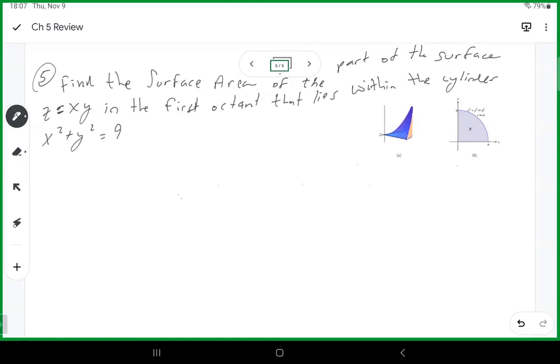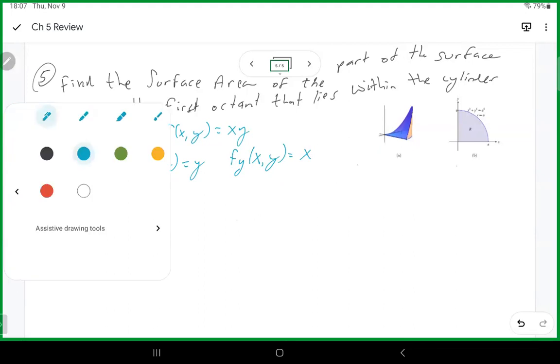Let me have that in for you so you can show your partials. So z is equal to f of xy, which is equal to xy. So then you would have f sub x of xy equal to y, and f sub y of xy equal to x.